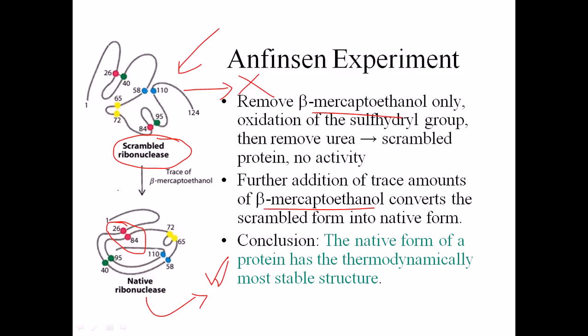So the bonding is specified to make the native state. So that's why the native state is really 1 in a million. We can find only one native state, because there are lots of amino acid sequences and lots of combinations of amino acids can be done, but only one type of combination is favored, and that is the native combination. Okay, so that's why it's a very difficult journey to go from unfolded state to the native state, but proteins can achieve that.